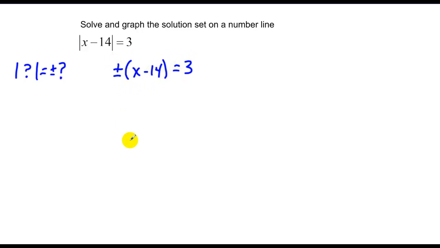Now I've got parentheses rather than an absolute value, but I also have two equations, one in a positive sense, one in a negative sense. So I have x minus 14 equals 3, and I have the opposite of x minus 14 equals 3.